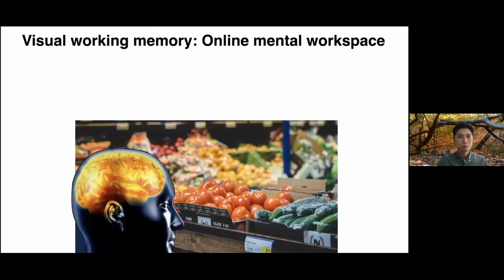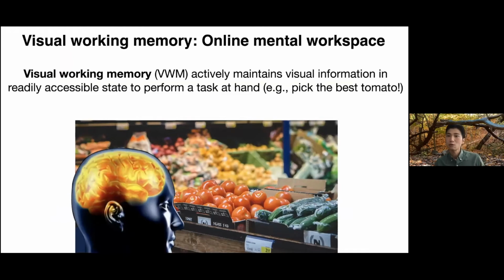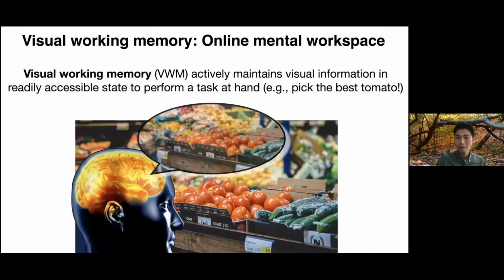This visual working memory allows us to represent, or actively maintain, visual information in a readily accessible state to perform the goal-oriented task. So in that example of the grocery store, you need to represent what a tomato looks like and then find the tomato by comparing your mental representation with what's in front of you.